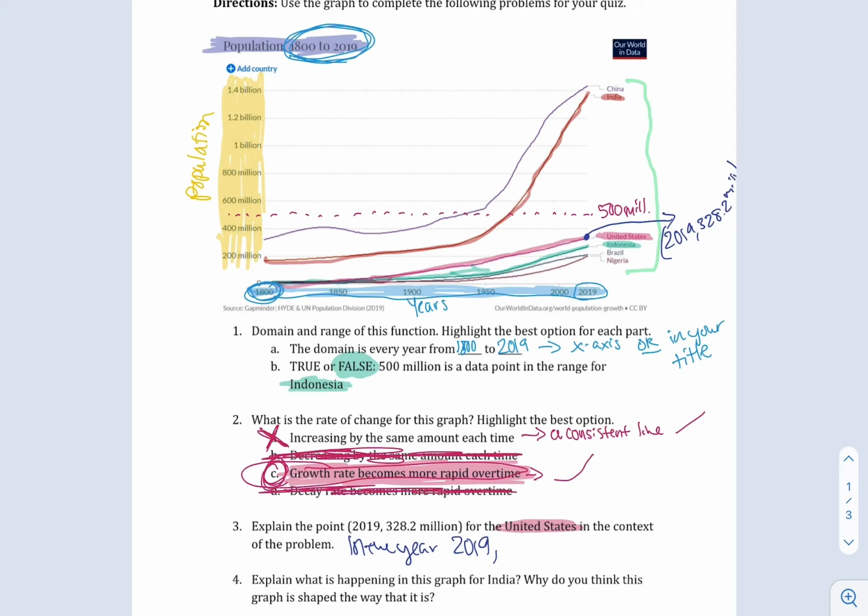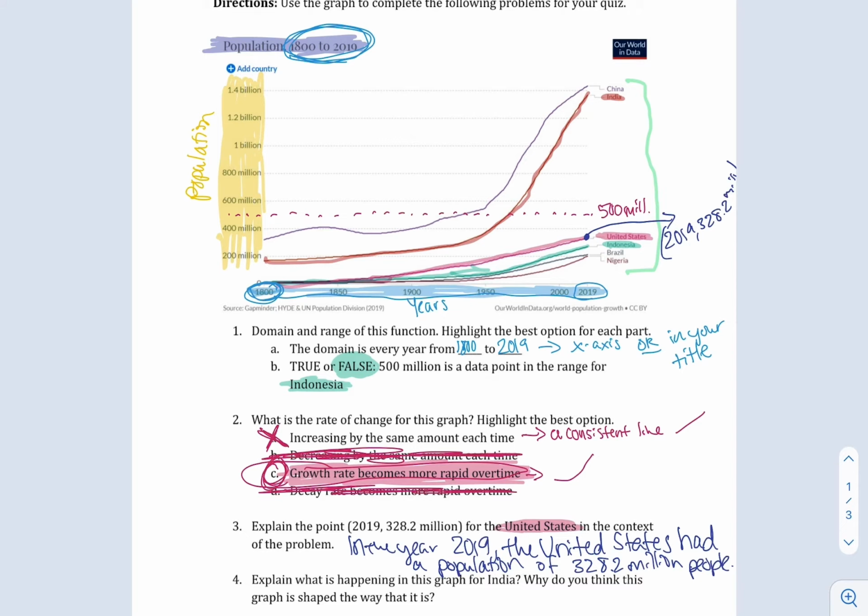So in the year 2019, the United States, because that's the country we're talking about, had a population, because that's what the y value represents, of 328.2 million people. Okay, in the year 2019, the United States had a population of 328.2 million people.